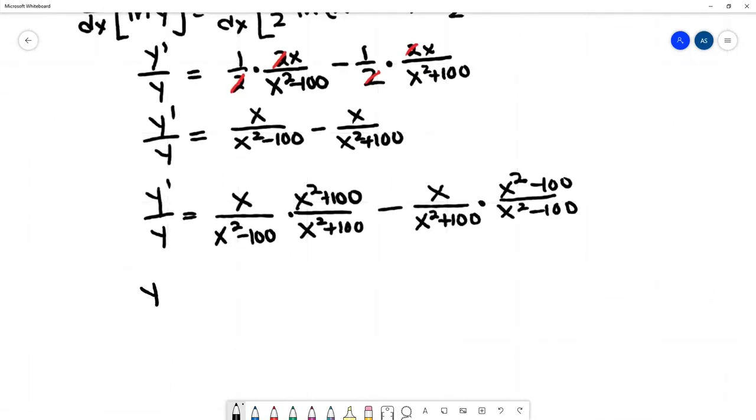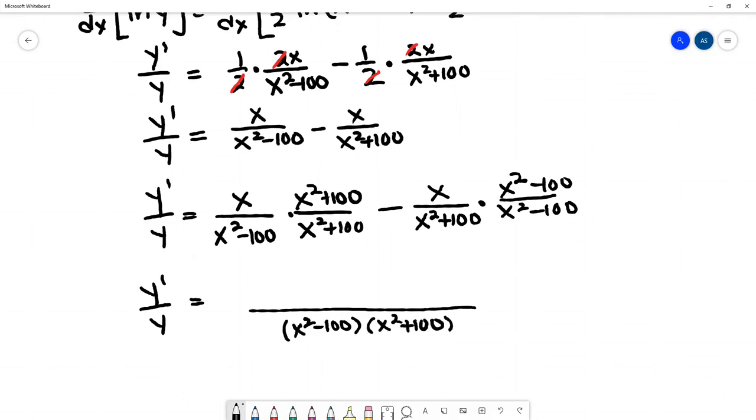So this will give me a common denominator on the right-hand side, a common denominator of x squared minus 100 times x squared plus 100. In the numerator, I'll distribute those x's to have x cubed plus 100x minus x cubed plus 100x.